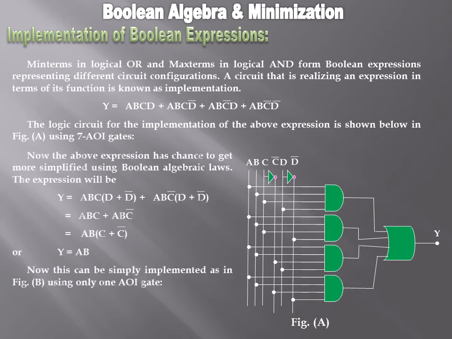But if we try to minimize this expression, we finally reach Y equal to AB. So if we implement the Y function now, it will be a simple AND gate, just one AND gate.